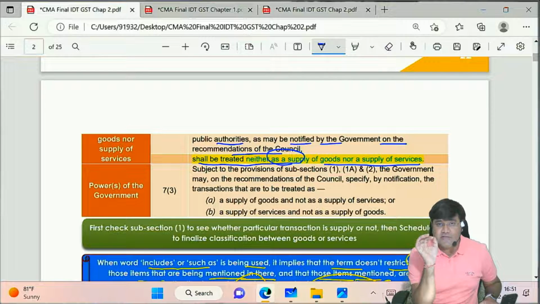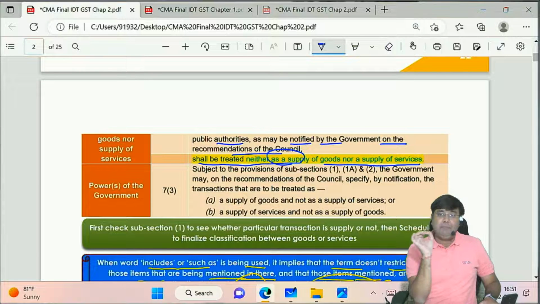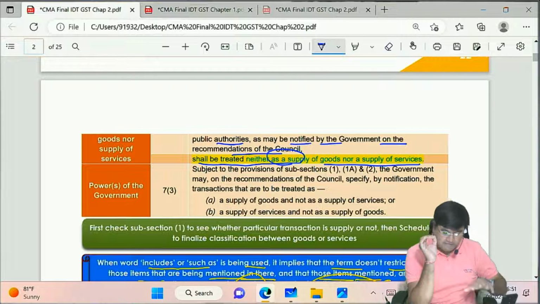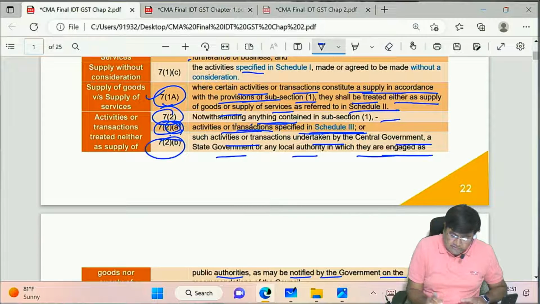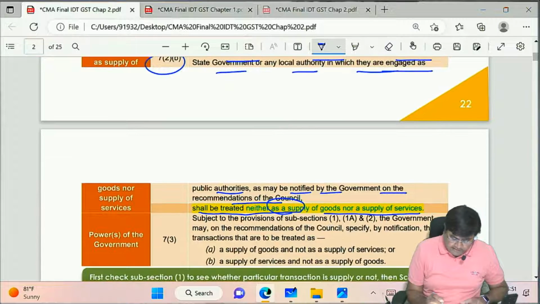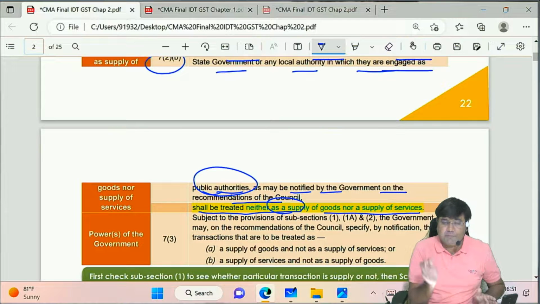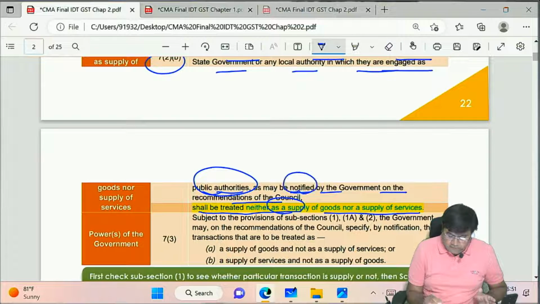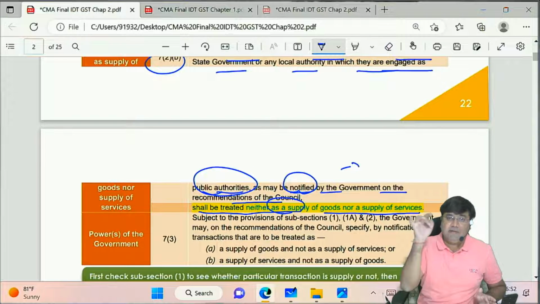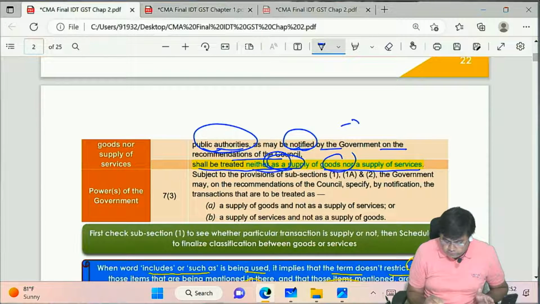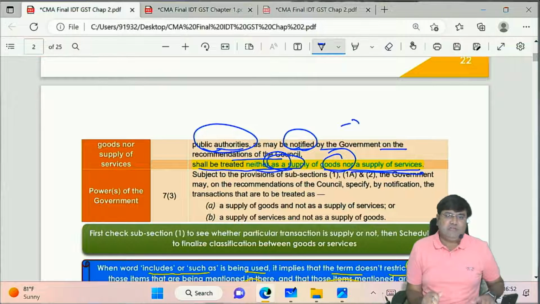So on the recommendation of the council, section 7 subsection 2 clause B empowers the government that any activity or transaction undertaken by central government, state government or local authority as a public authority, as notified by the government, is going to be neither a supply of goods nor a supply of services. So of course not subject to GST.